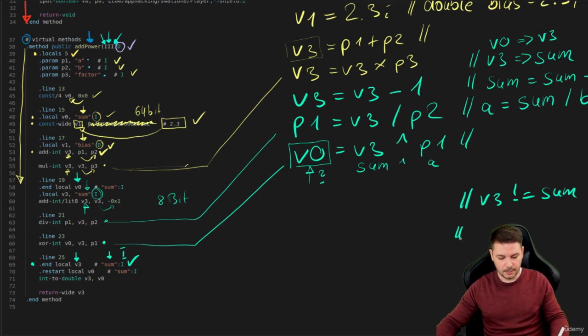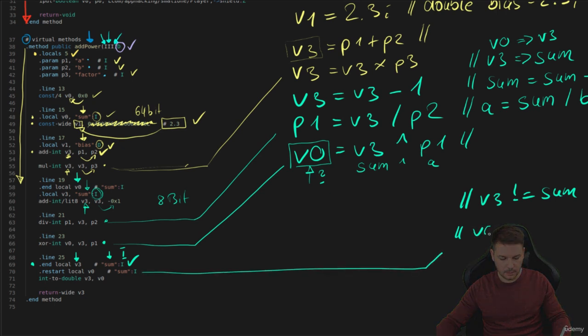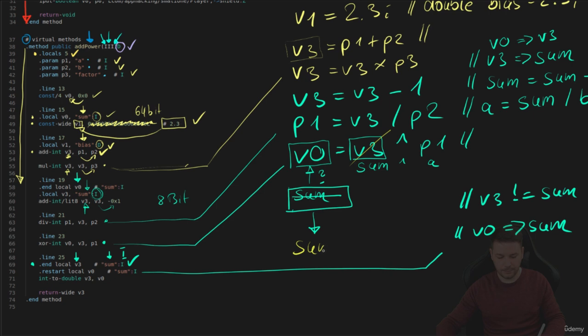This means v0 becomes sum back again. All right, and at this point we know, okay, this one is also sum, but a little bit different. So this one in this case is some kind of placeholder. So we've got a placeholder for sum, and afterwards we recycle v3. So this register gets recycled. And then we create our sum over here for v0.